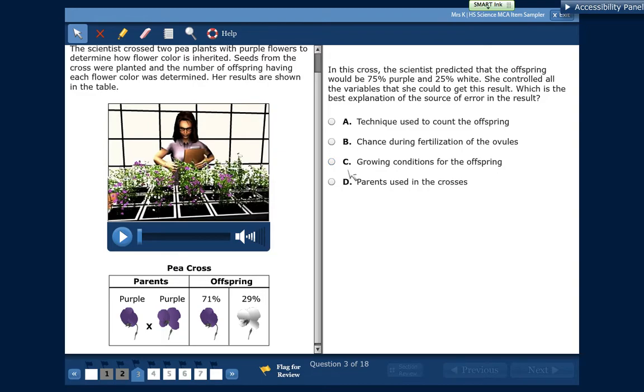So that probably isn't a source of error. And the parents used in the cross, that wouldn't be it at all, because she used the same parents. So the thing that caused the error, the reason why this isn't exactly 75-25, is just chance. Punnett squares predict probability, but that doesn't take away the factor of chance, so it would be B.